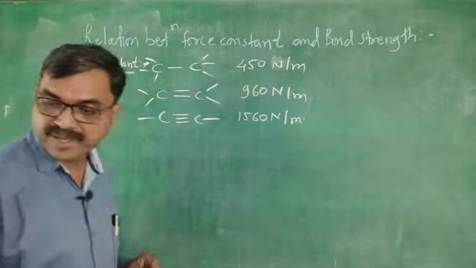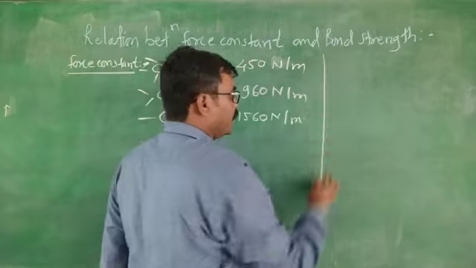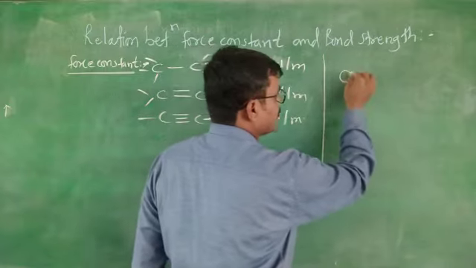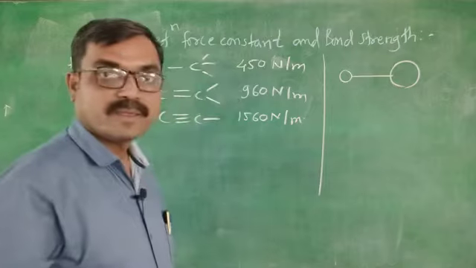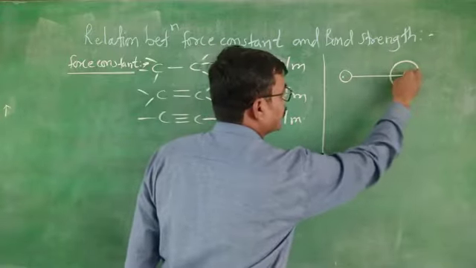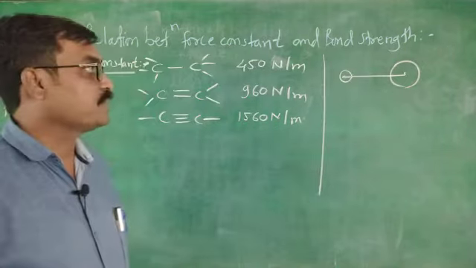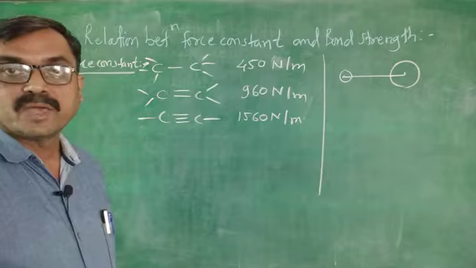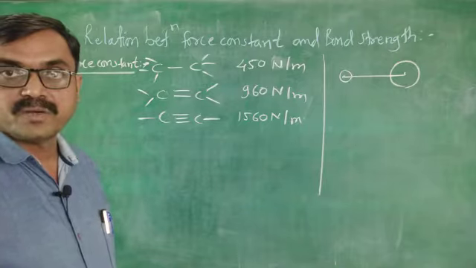Means if we consider a heteronuclear diatomic molecule, suppose this is a diatomic molecule, and here this is the internuclear distance between these two atoms in the same molecule.